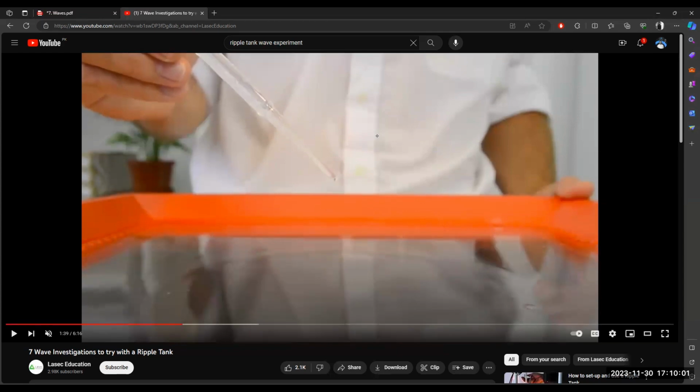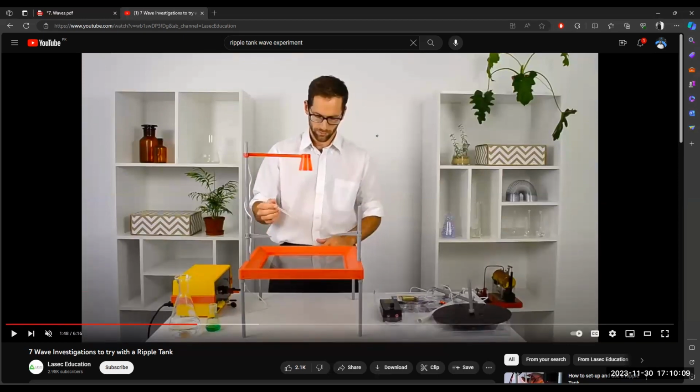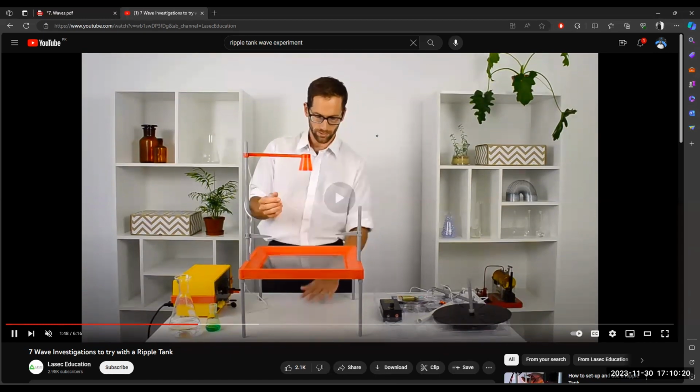So you can see when you just drop liquid into it, it starts to make waves in the water. But you know that when you drop it by yourself, there will be non-uniform motion of the waves, because sometimes there might be two or three drops at a single time.